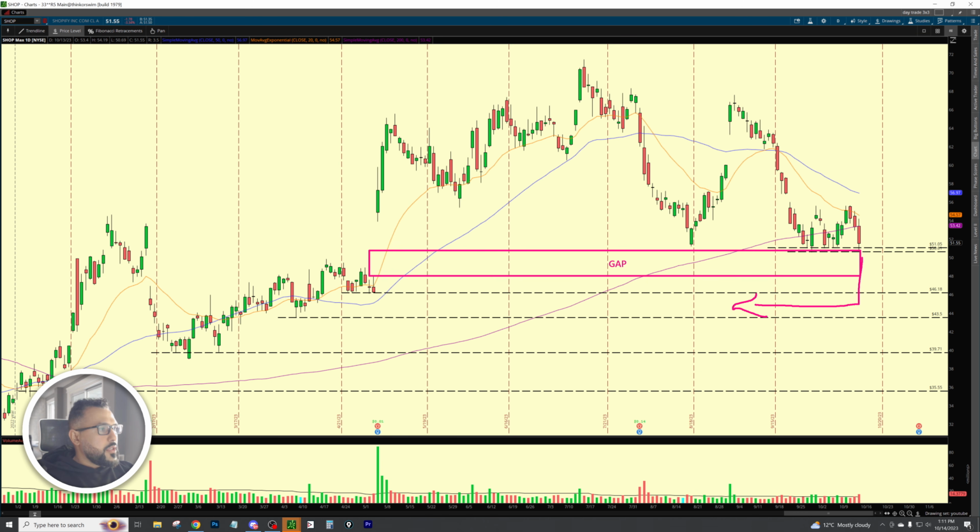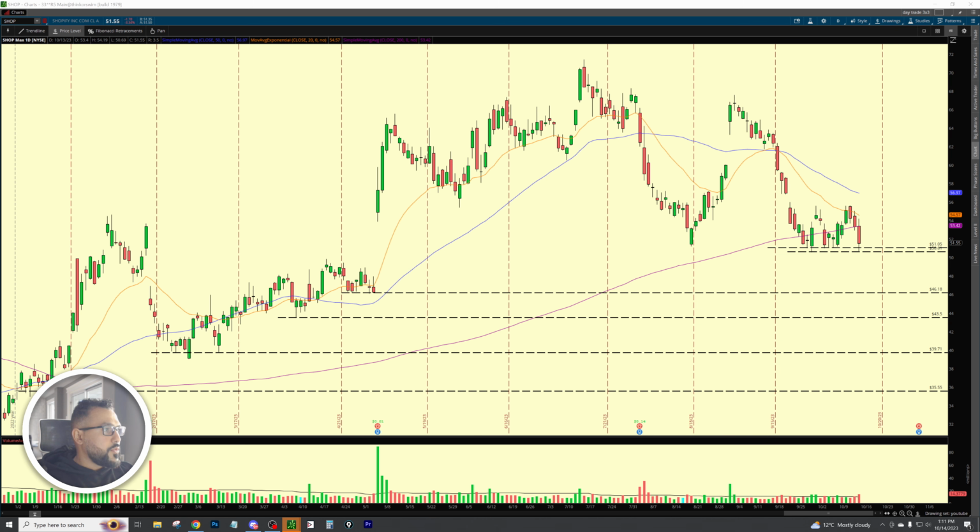So this is really how I draw my support and resistance lines. Now, let's say we're looking for resistance. What do we do with resistance? With resistance, we're looking up to the left, up to the left, up to the left, right? So that's how we're identifying resistance. Let's go ahead and do that. We have our level here.